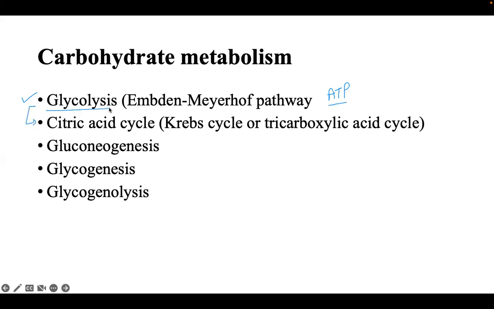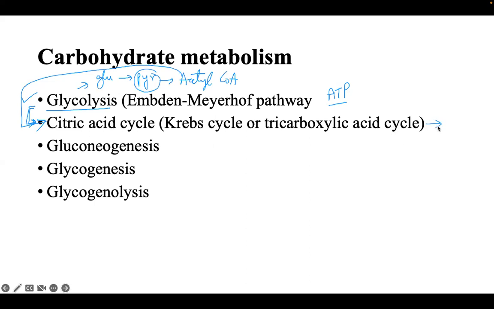So glycolysis happens, and at the end of glycolysis, the next pathway starts, that is the citric acid cycle. Glycolysis alone is the process of oxidation of glucose to pyruvate. This pyruvate gets converted into acetyl-CoA under aerobic conditions, and that acetyl-CoA then enters the Krebs cycle for the production of more energy.